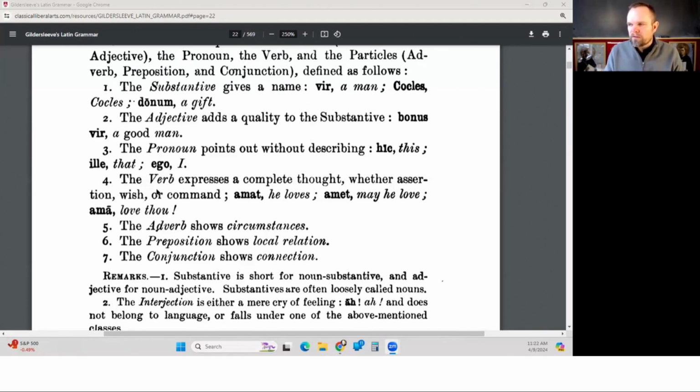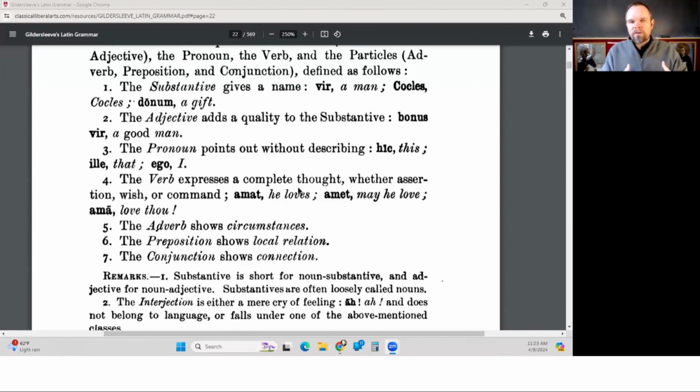The reason is because the verb, notice the description here, it says, the verb expresses a complete thought. So a verb by itself is capable of expressing a complete thought. A complete thought is a sentence. So a verb can actually express an entire sentence by itself.